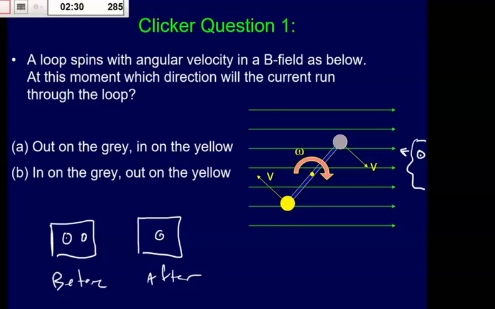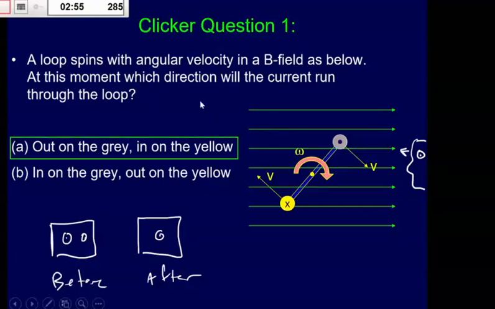So it's heading towards that place where it's going to be flat soon. So again, looking this way, if you think about it before and after, as it's turning this way, it's going to have fewer lines in it, which means that I want to have the magnetic field look like before, and so I want to reinforce the magnetic field that's there, which would have it coming out of the gray side and in on the yellow side. Again, sort of what the majority had.